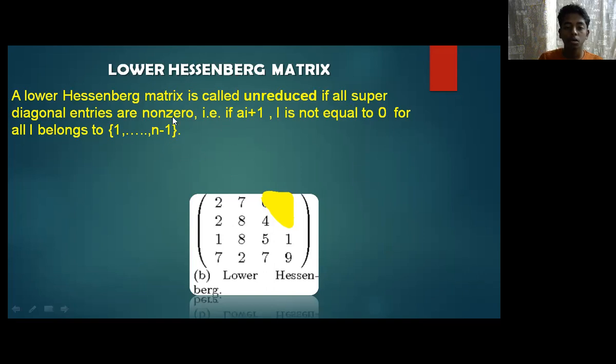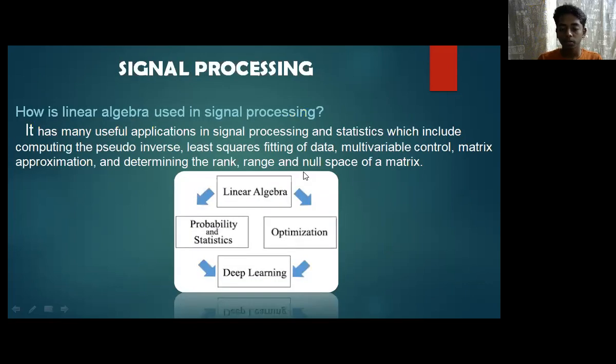This is similar to the upper Heisenberg matrix, where the lower Heisenberg matrix has zeros in this place, which is nothing but a triangular matrix, as we discussed in the earlier slides. So this is how a lower Heisenberg matrix looks like. This is one example of it.